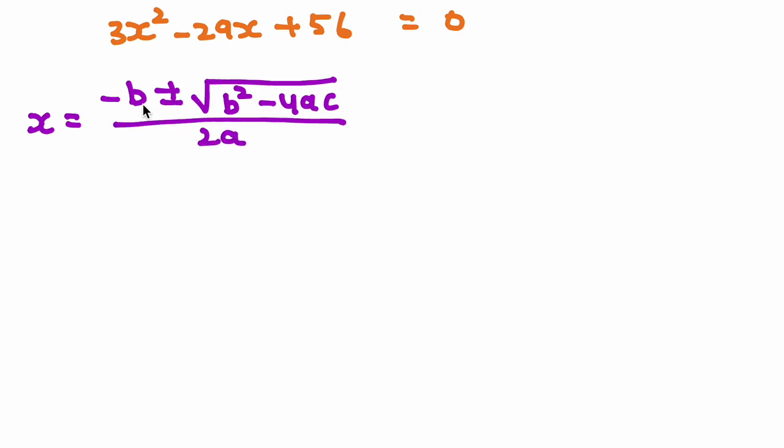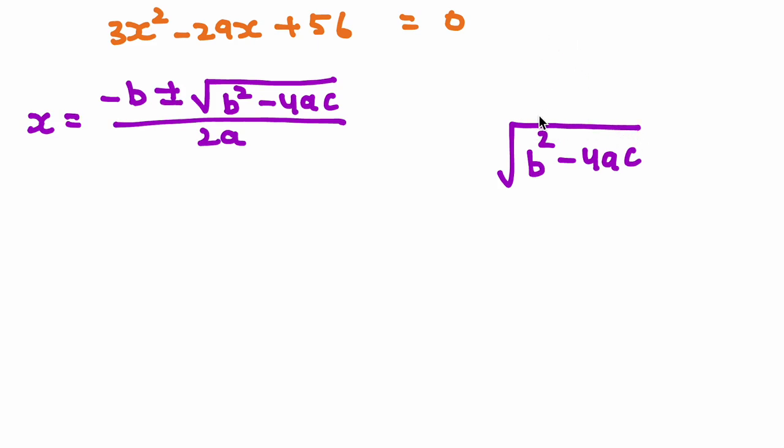If you don't like solving very long equations like this one, you can choose to solve b squared minus 4ac first, and take the square root of it.